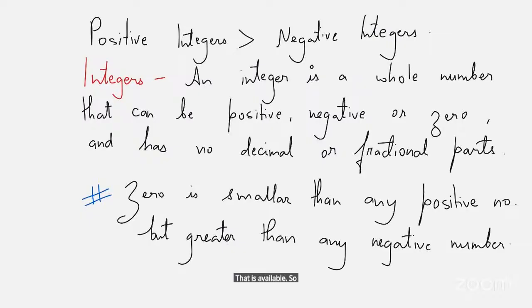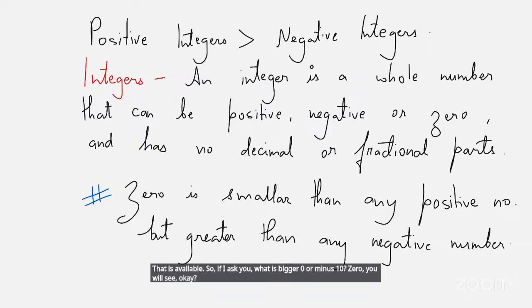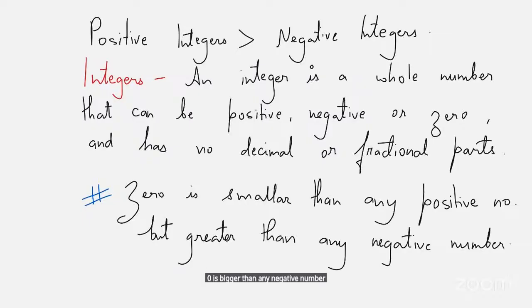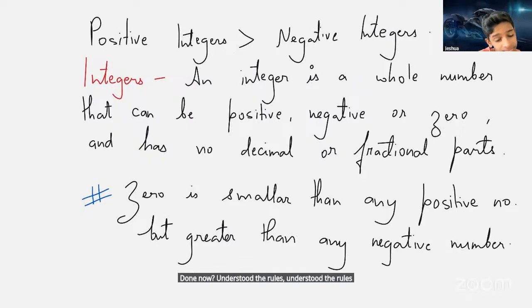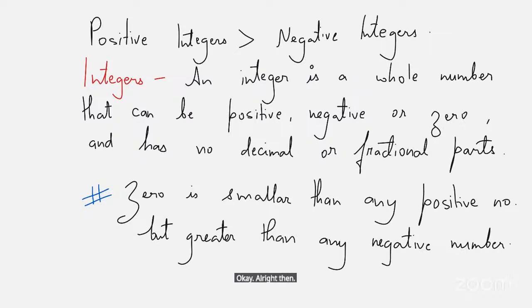So if I ask you what is bigger, 0 or minus 10? You will say 0. 0 is bigger than any negative number, but 0 is smaller than every positive number. Understood the rules of integers? Yes, ma'am. All right then. Now, addition and subtraction of integers using a number line we will be seeing.